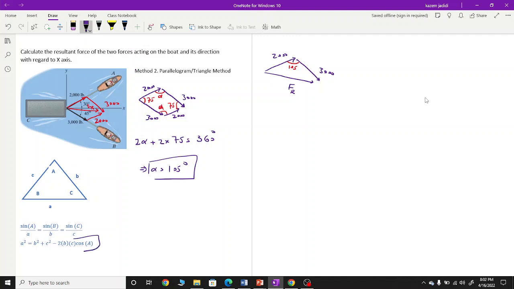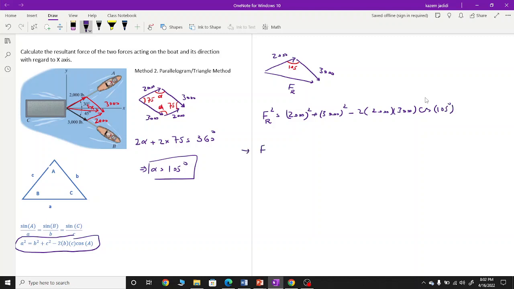Now I can use this equation to find FR. FR squared is equal to 2000 squared plus 3000 squared minus 2 times 2000 times 3000 cosine of the angle between these two, 105.